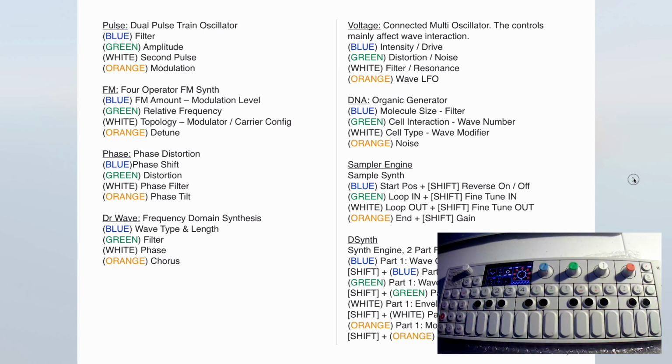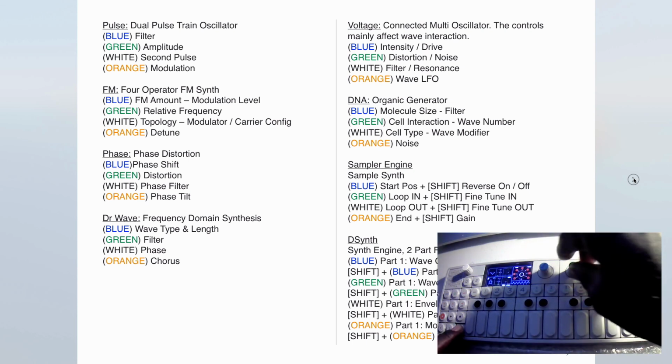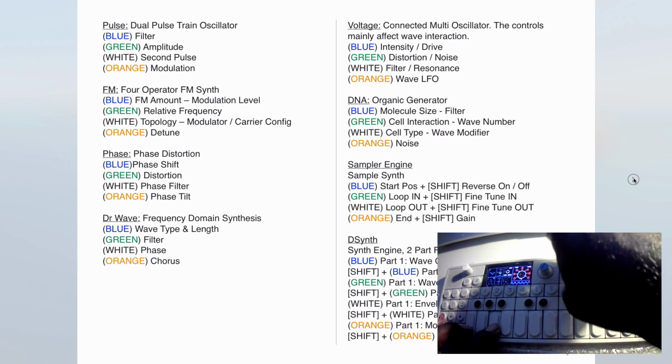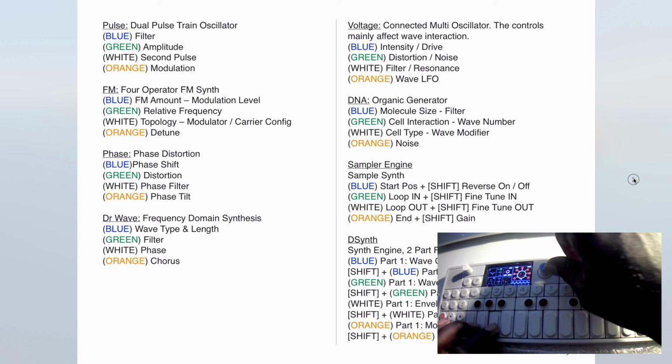The green knob changes the wave oscillator between saw and sine, starting off as sine, becomes square, and then becomes saw.